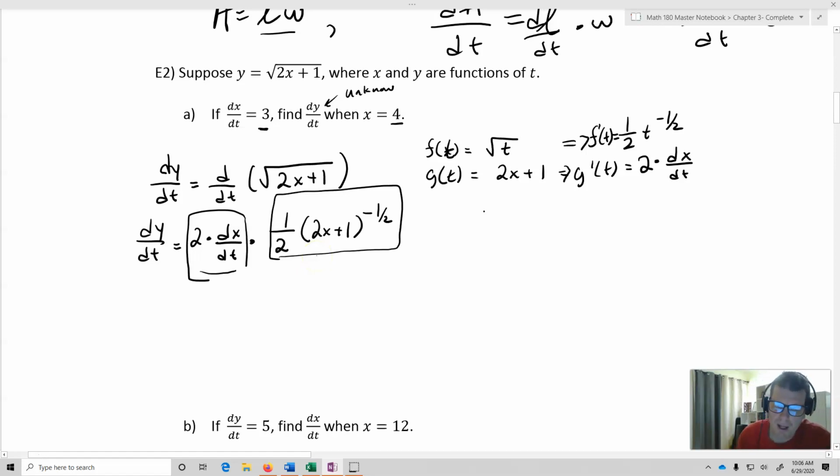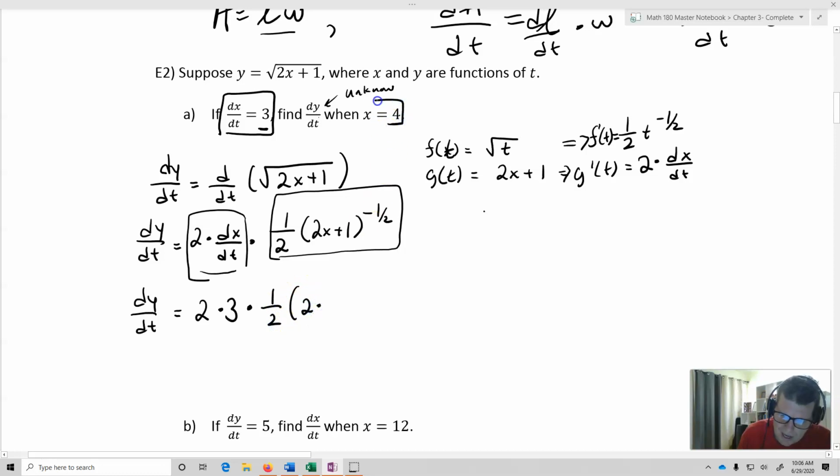Now I'm actually not going to simplify here because I don't need to. I'm trying to find dy/dt. So dy/dt is going to equal 2 times 3. This is where the 3 comes from. Times 1/2 times, and here's x equals 4, 2 times 4 plus 1 to the negative 1/2.